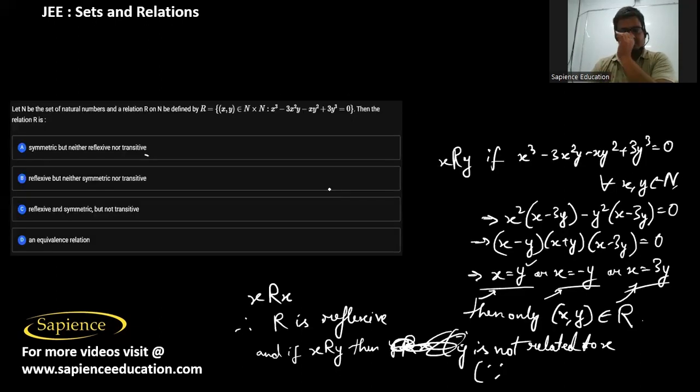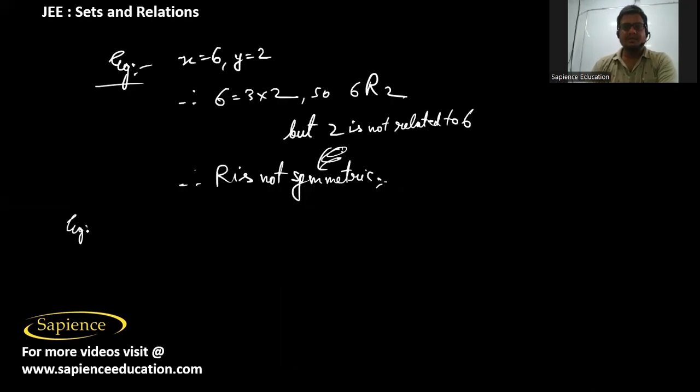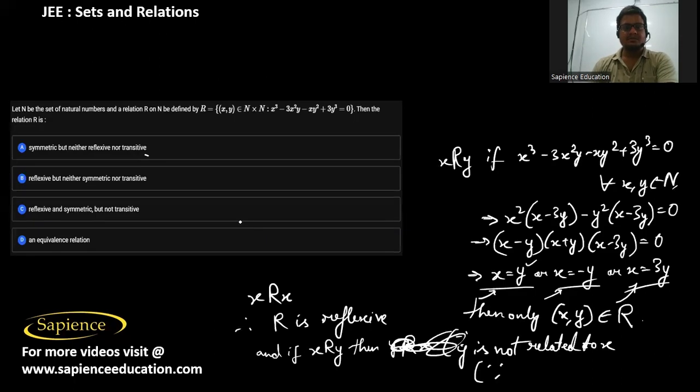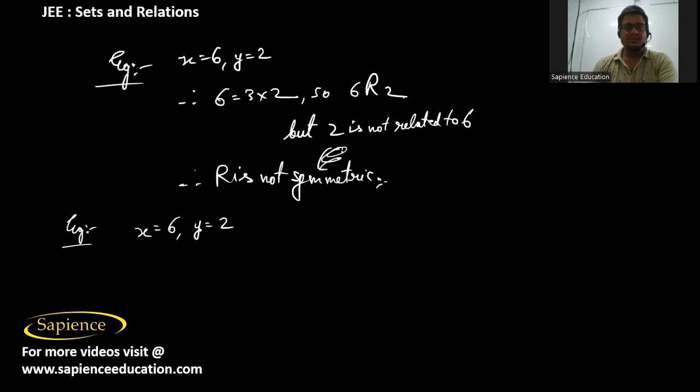Similarly, R will not be transitive also. Suppose for example we take x as 18.